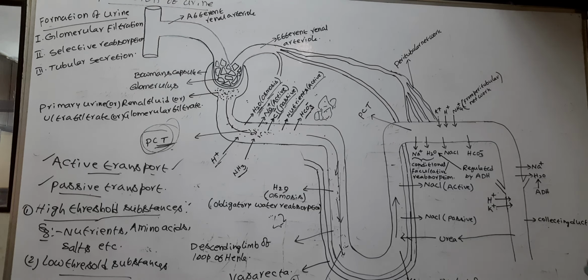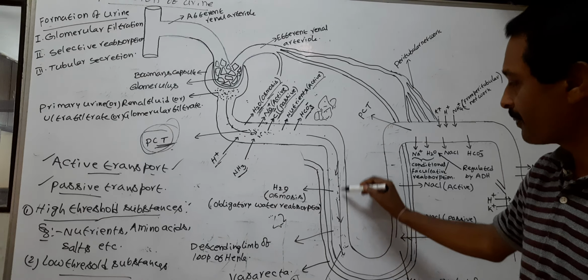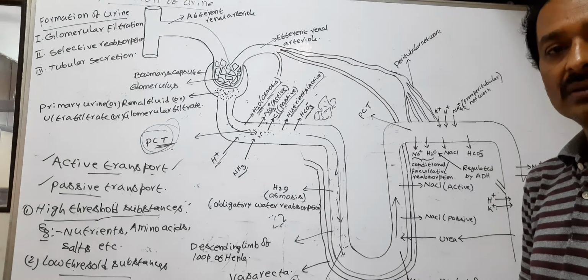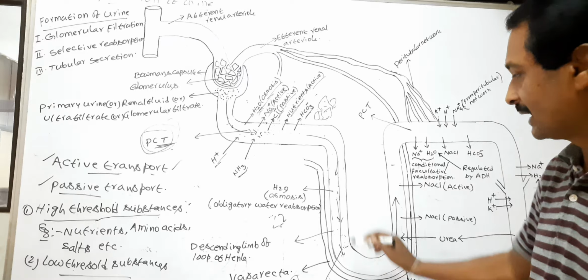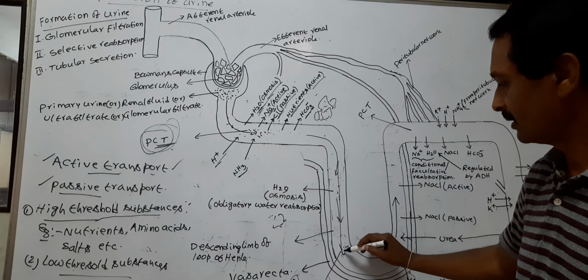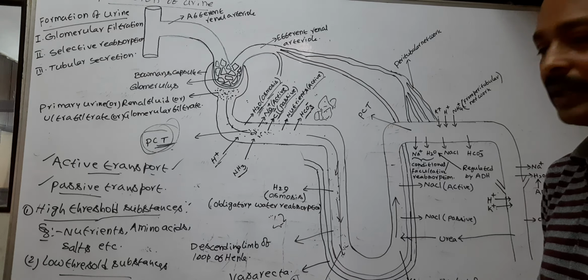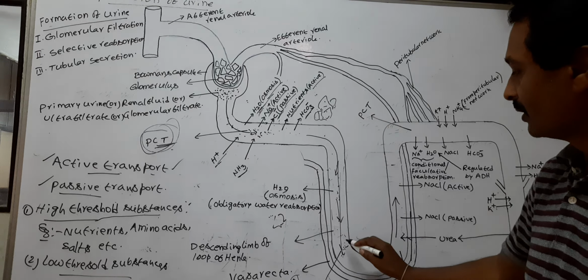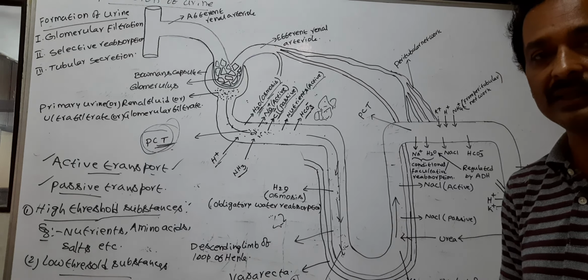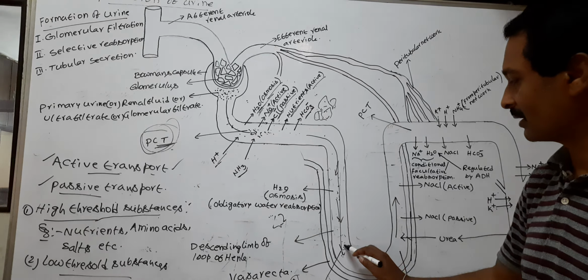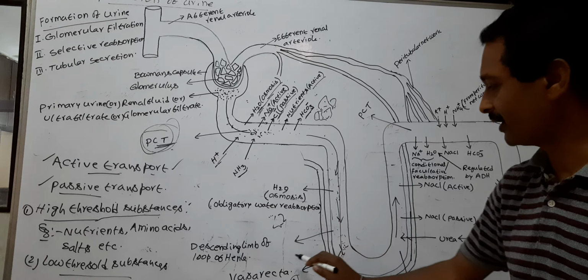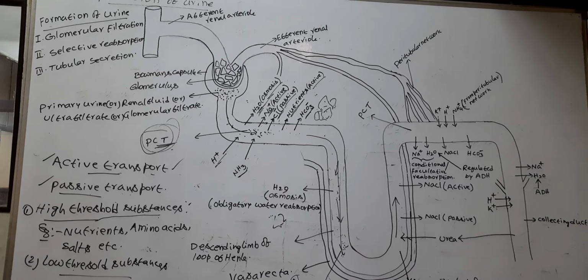interstitial fluid. So the concentration of primary urine is increased at the end of the descending limb of loop of Henle due to loss of water from primary urine into medullary interstitial fluid.